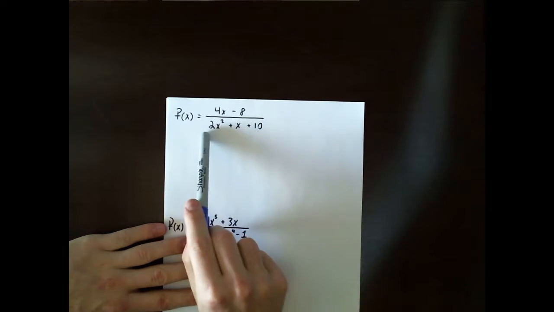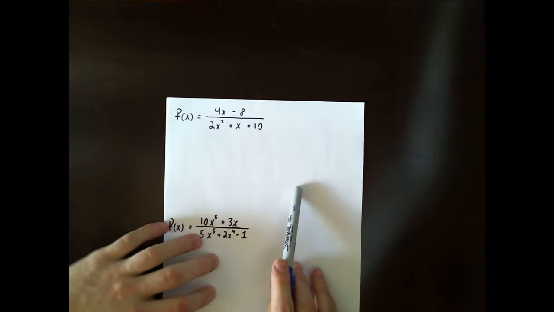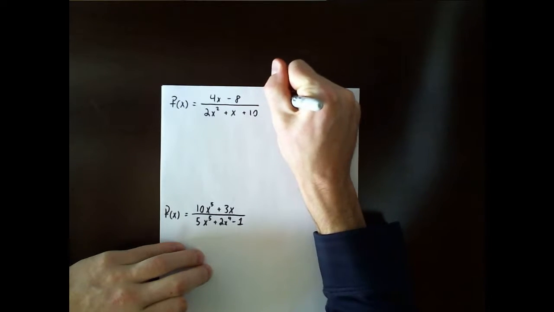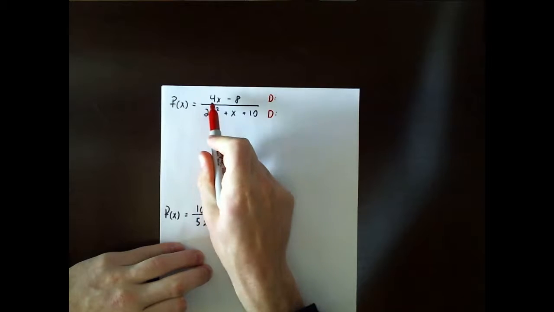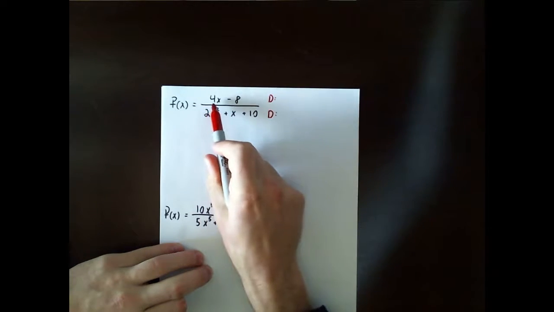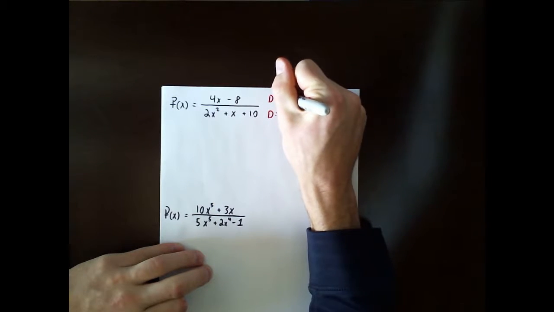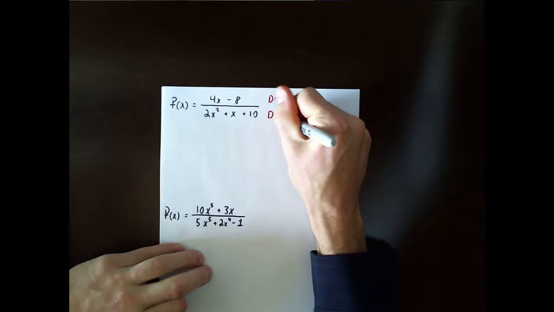The degree of the denominator is going to be 2, because 2 is the highest power of x. When I'm doing these problems, I normally like to draw out the degree. So the degree of my numerator is 1, and the degree of my denominator is 2.